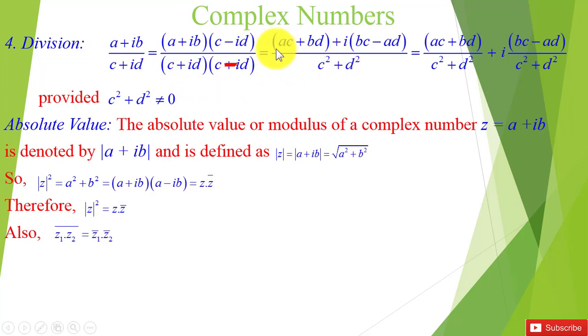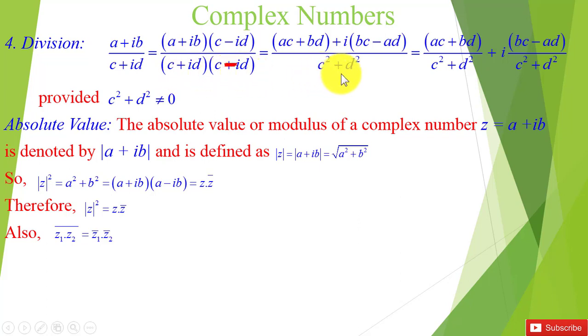This gives numerator becomes (ac plus bd) plus i times (bc minus ad), and denominator becomes c square plus d square, because this is c square minus i square d square and i square is equal to minus 1.